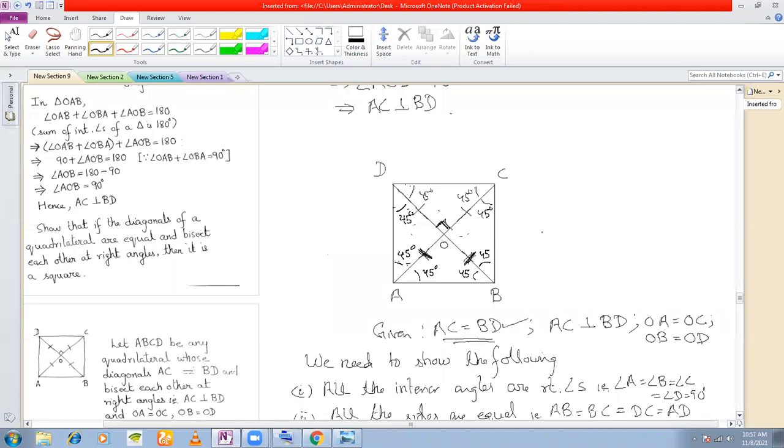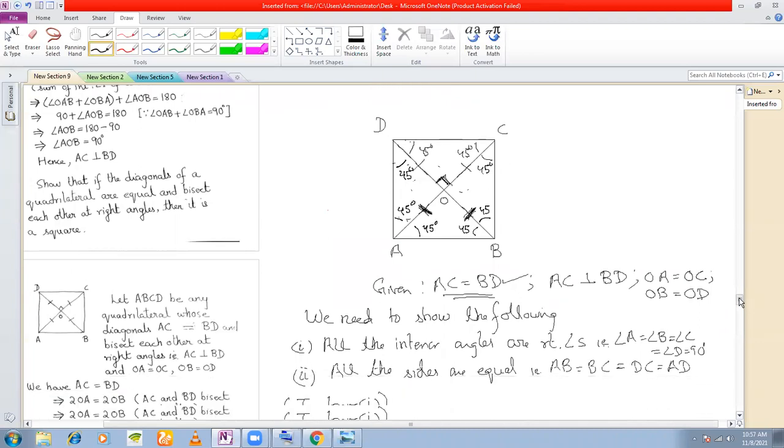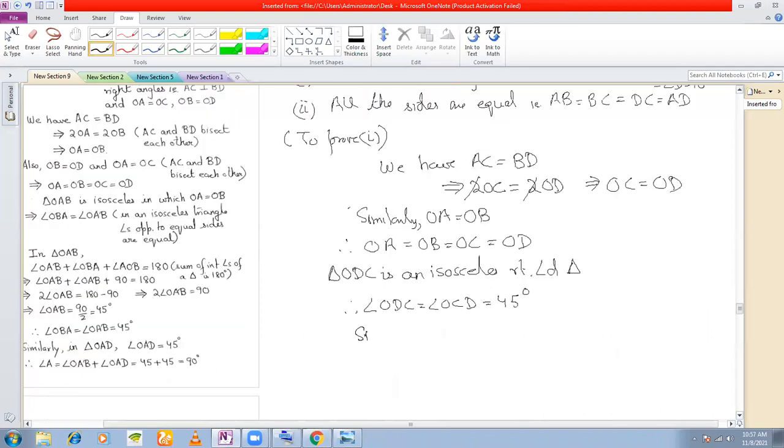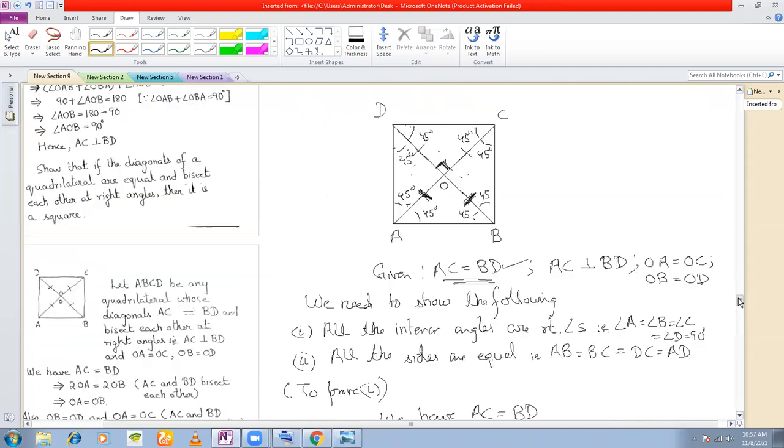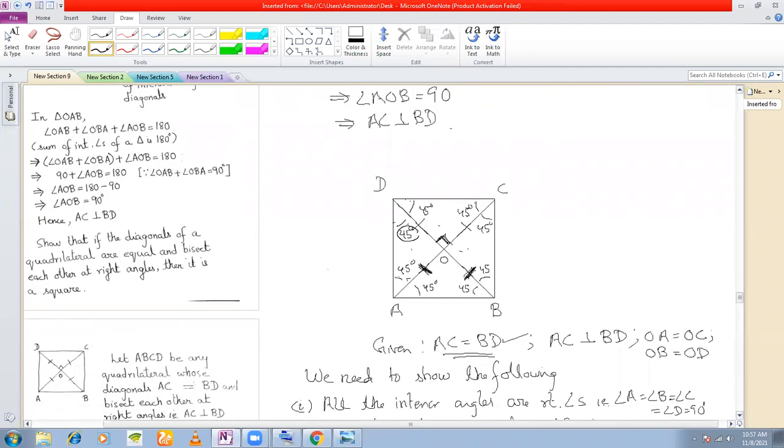Right. So similarly, let me write, angle ODA is equal to 45 degree. So now you see this angle is 45, and this angle is 45 we have shown. What is the sum of these two angles? 90 degree.